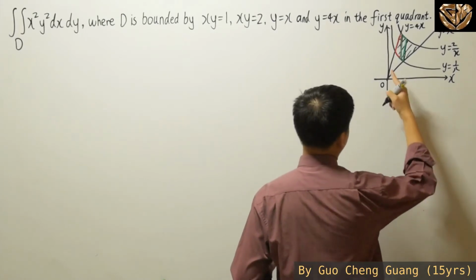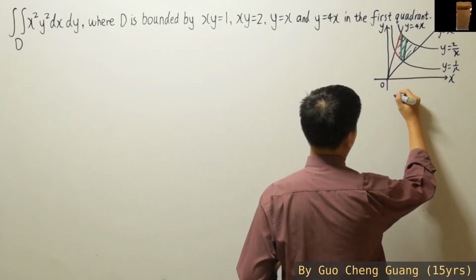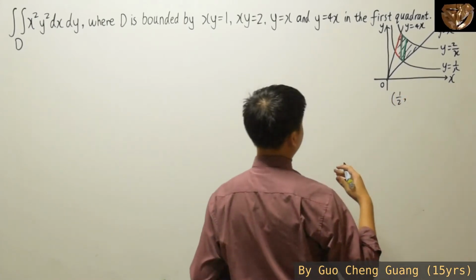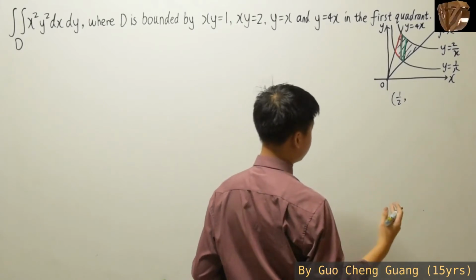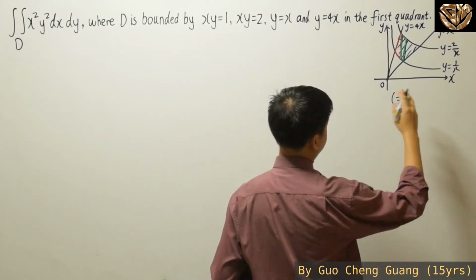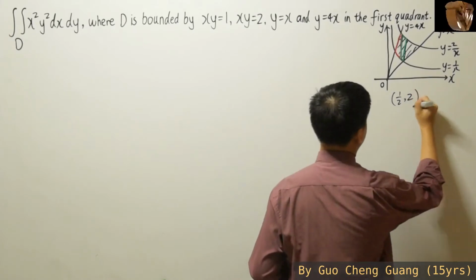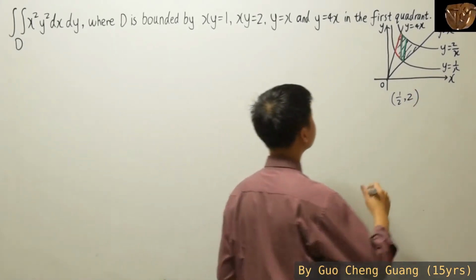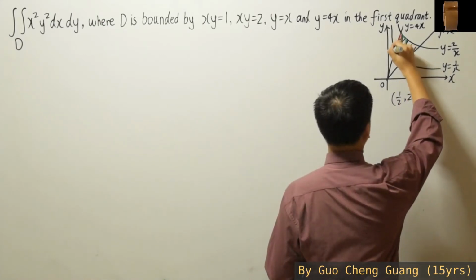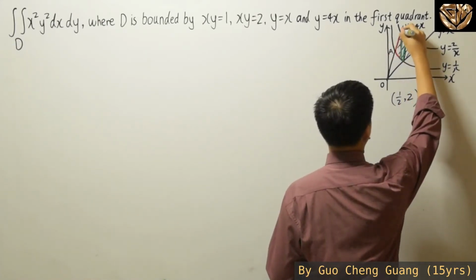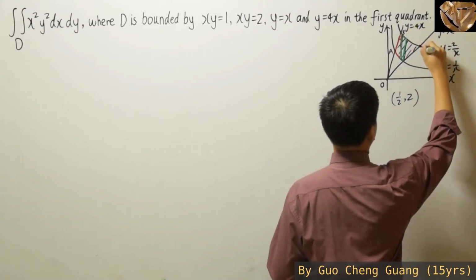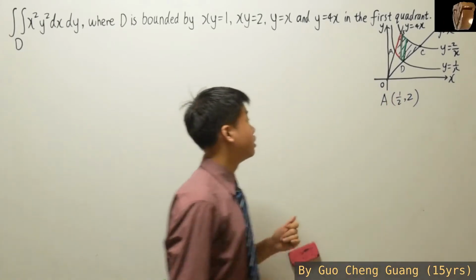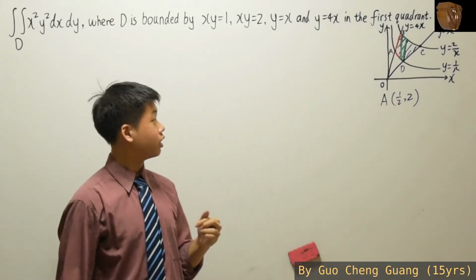So for that point, we are going to have x is half, since 4x squared is equal to 1. Then half, you can multiply by 4, which gives 2. From here, we can also label them point A, point B, point C, and point D. So A is (1/2, 2).